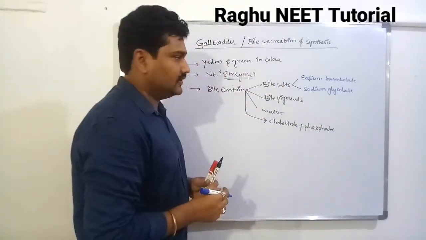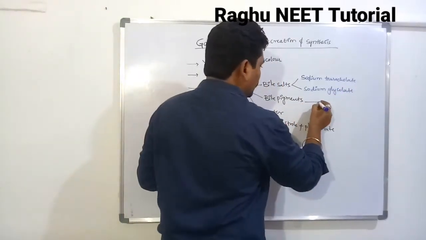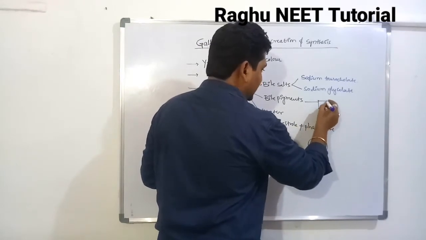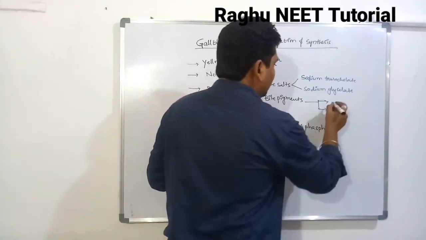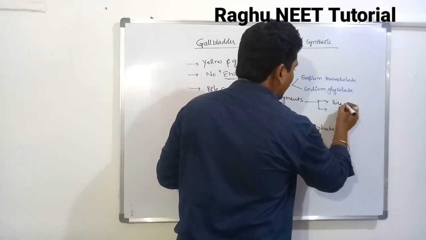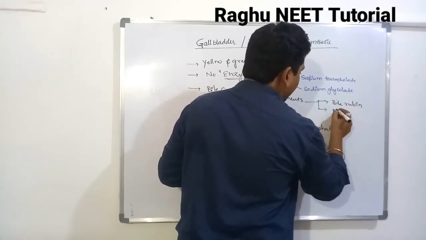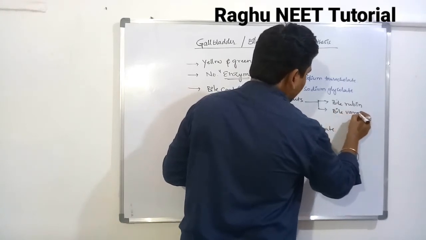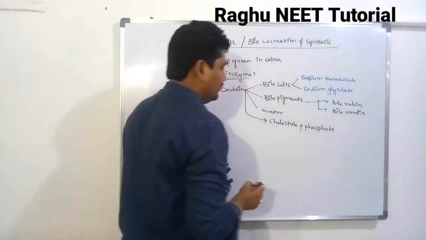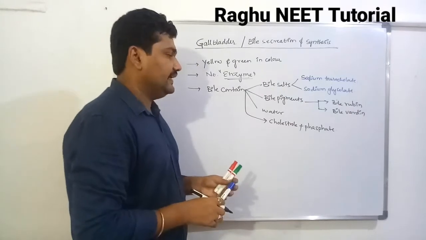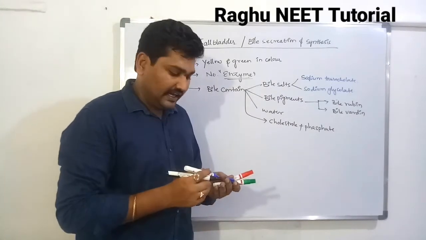These are bile salts. Second, bile pigments. There are two different types of bile pigments: bilirubin and biliverdin. So these are the bile salts and bile pigments. There are no enzymes.